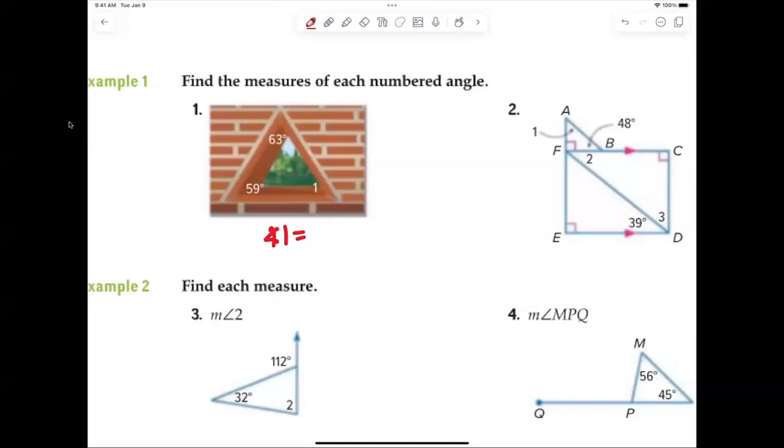58 degrees. Is everybody good with angle 1 equal 58 degrees?